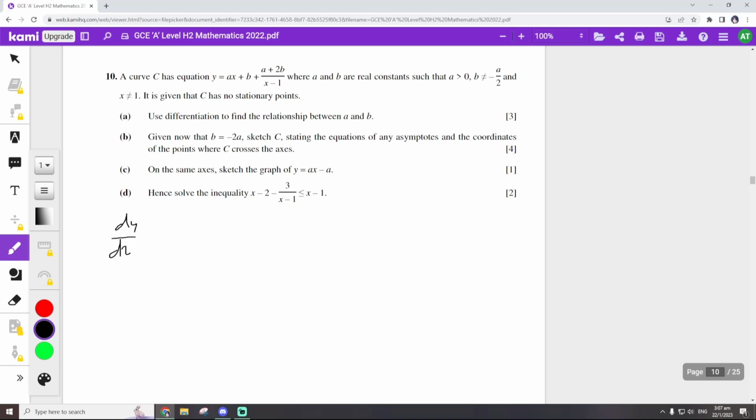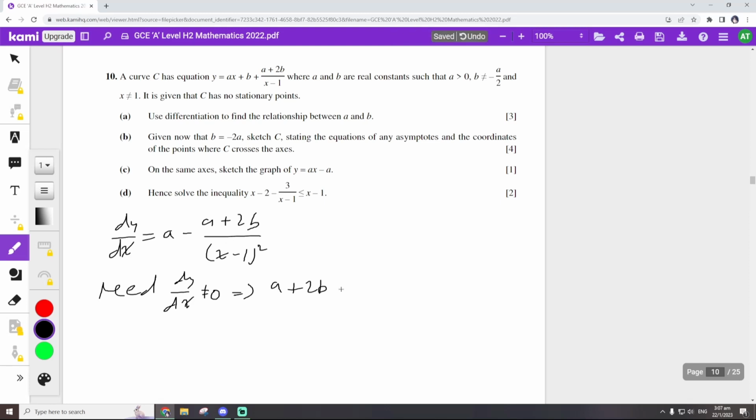dy/dx is a minus (a plus 2b) over (x minus 1) squared. So we need dy/dx to be not equal to 0, and because a is positive, this means we need a plus 2b to be negative, so that dy/dx is always positive.